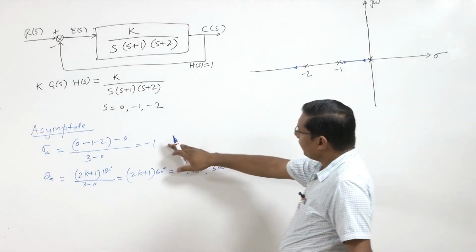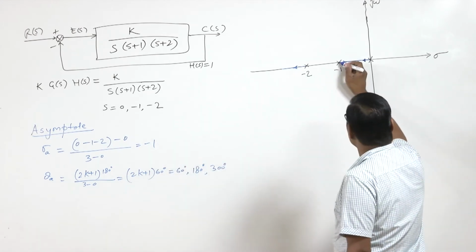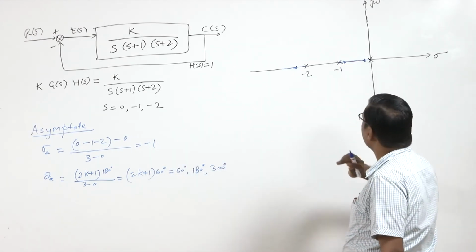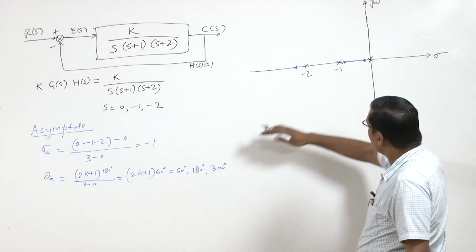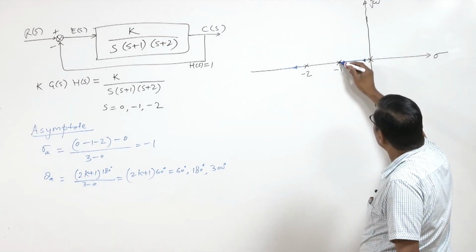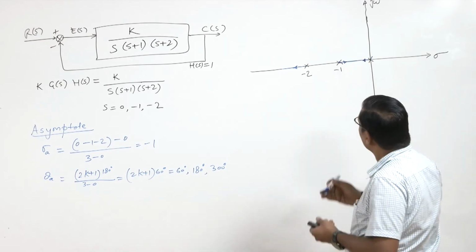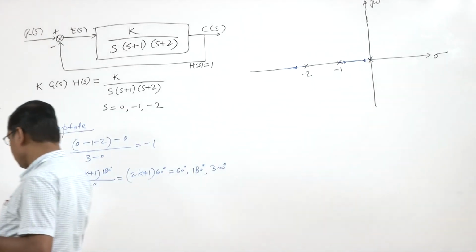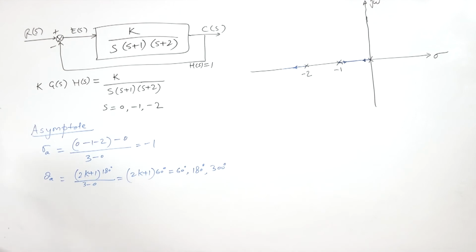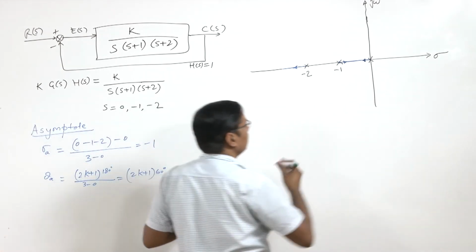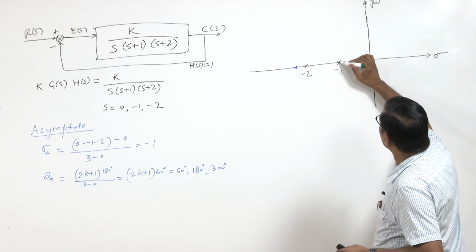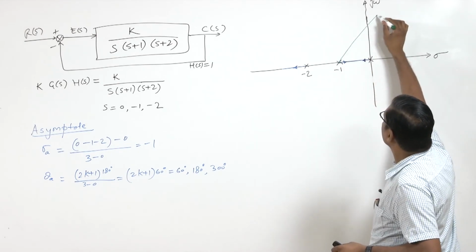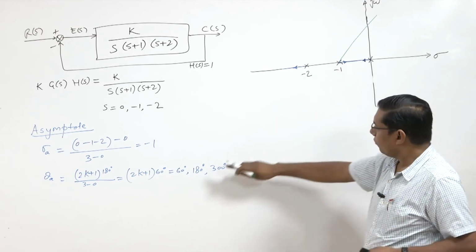So here we see that the asymptote line will cut at -1. So the asymptote line is going to cut here, and it is going at 60 degree. So here we can plot 60 degree. This is the asymptote at 60 degree, and then 180 degree.